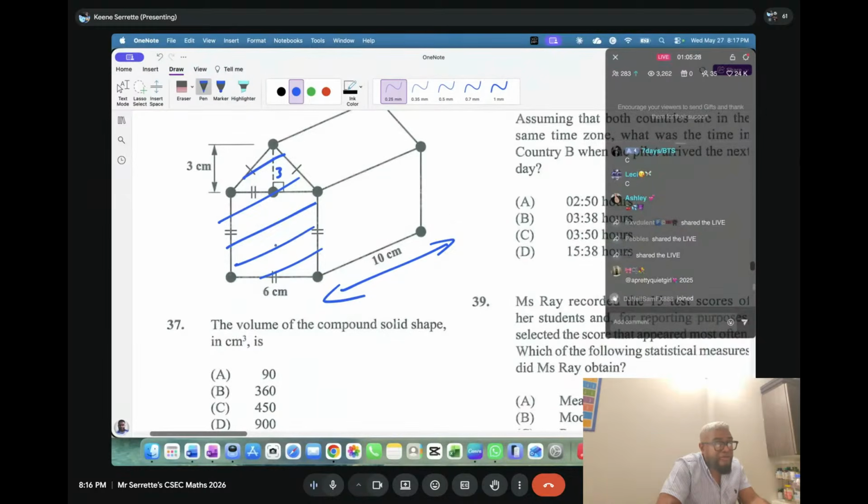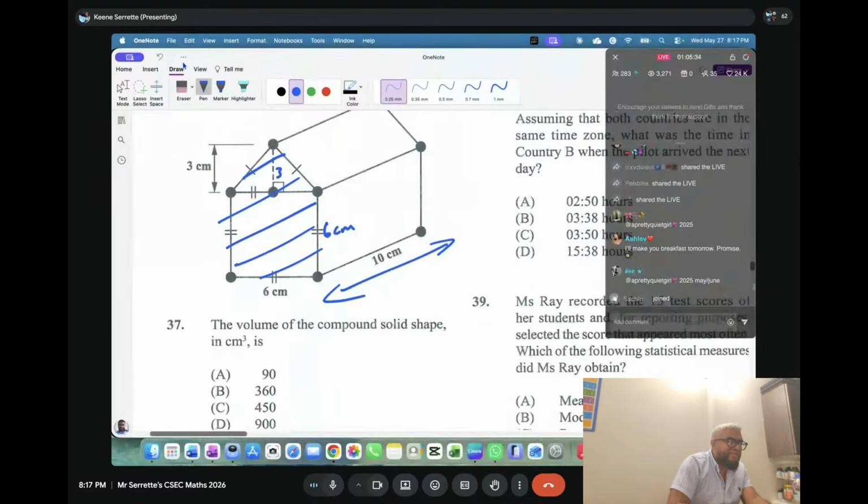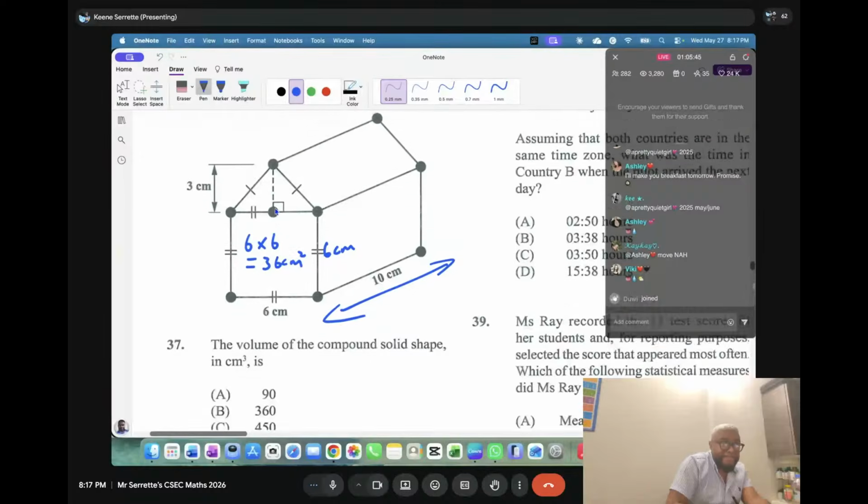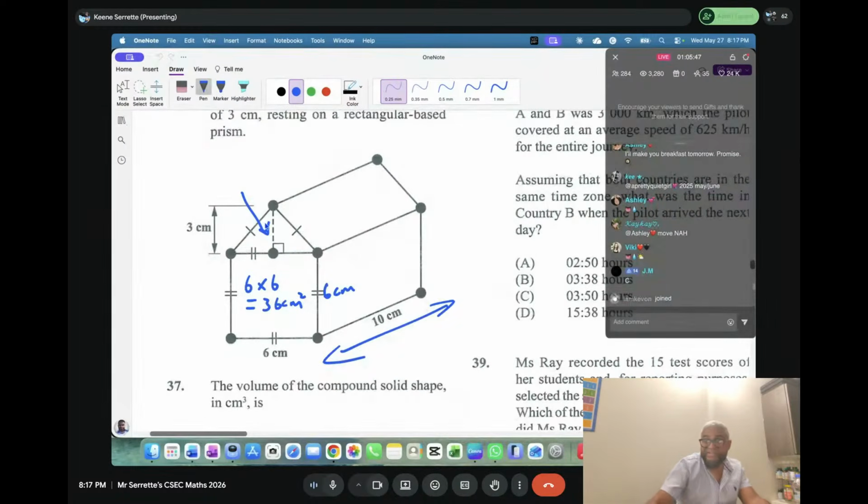How do we find the area of this cross section? This is a square, so this side is 6 centimeters also. The area of the square will be 6 multiplied by 6, which is 36 centimeters squared. Everybody agrees? What is the area of the triangle, my children?